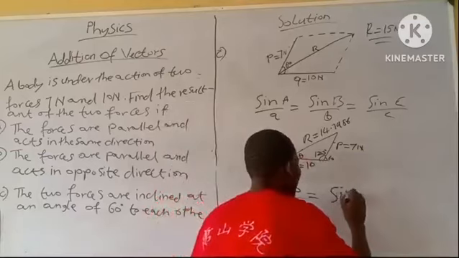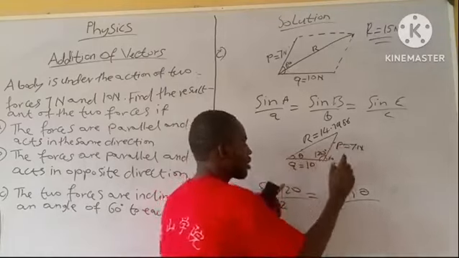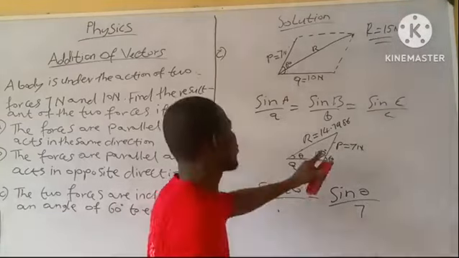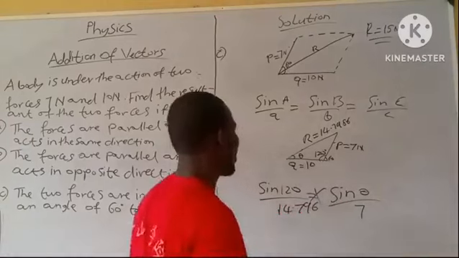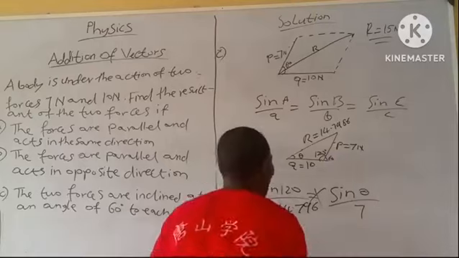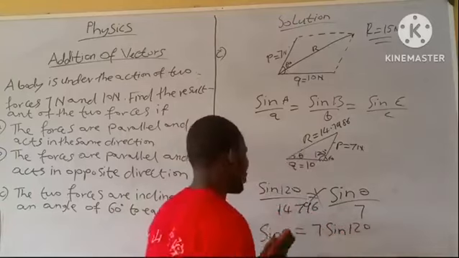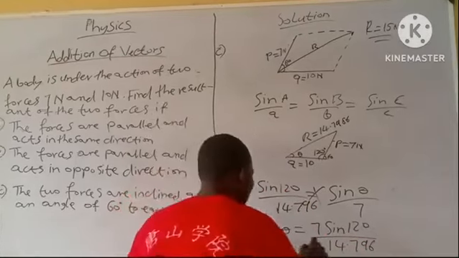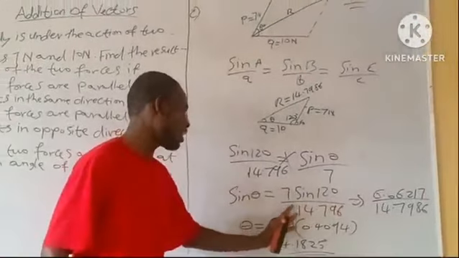So it can be sine theta over the opposite side of this theta, which is P, 7. And then what is your R? Your R is 14.796. You cross multiply. When you cross multiply, you see that sine theta is equal to 7 sine 120 over 14.796.